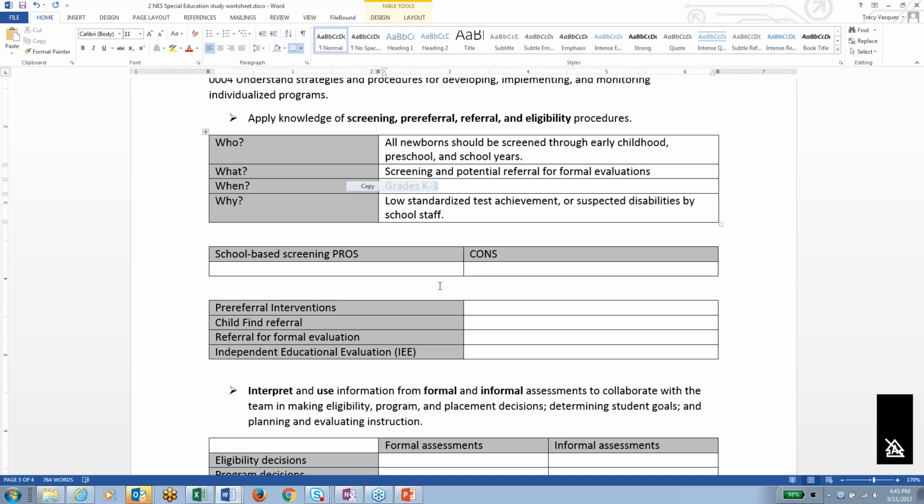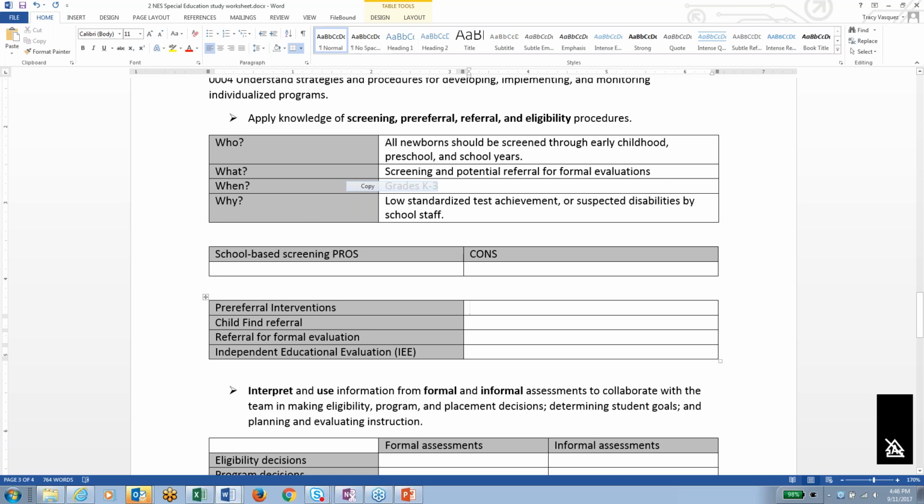We can also see pre-referral interventions as we look to identify students with disabilities and decrease the referrals for special education services. So make sure you are aware of the pre-referral interventions and how those use the teacher assessment teams.